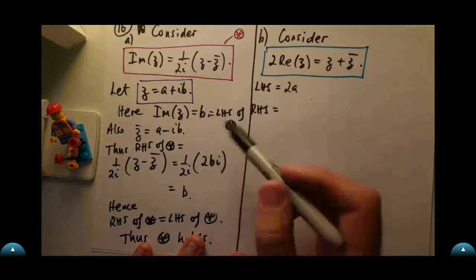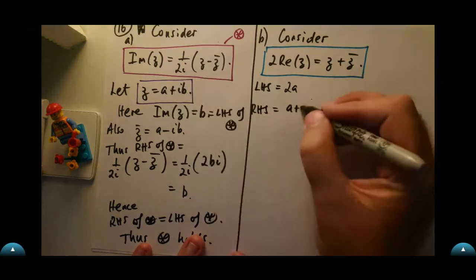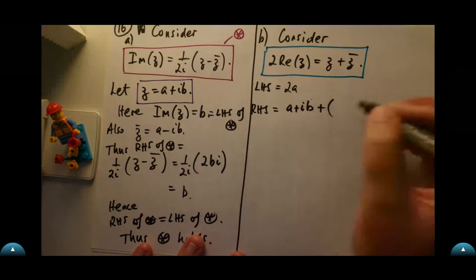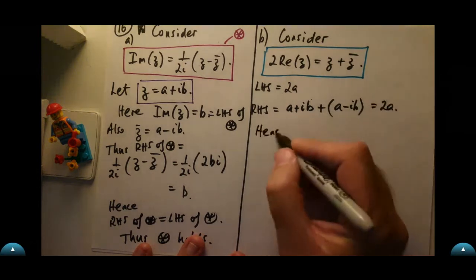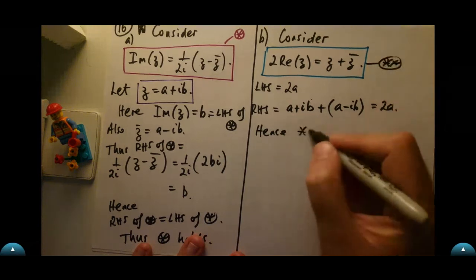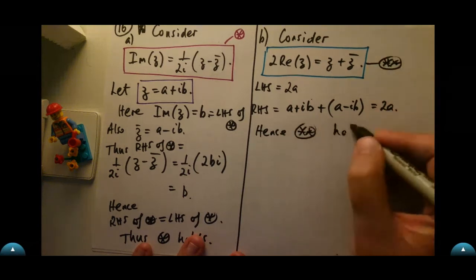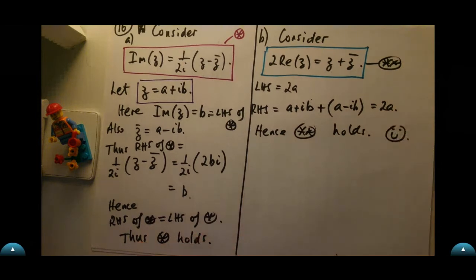Z plus z bar is going to be a plus ib plus a minus ib, so the ib's cancel. Let's call this double star. Okay, I did that one a bit quicker.